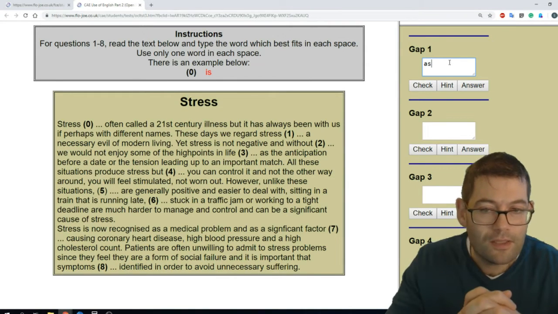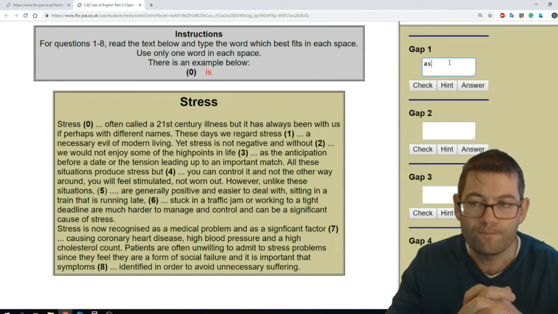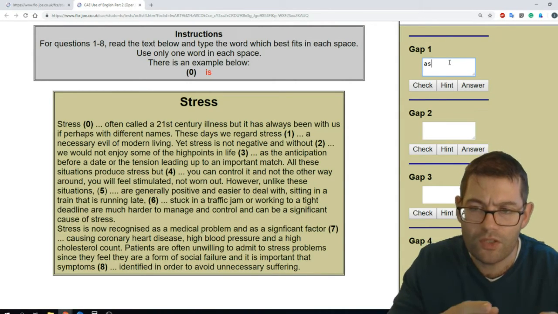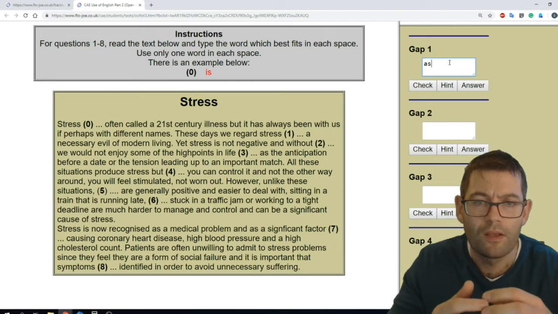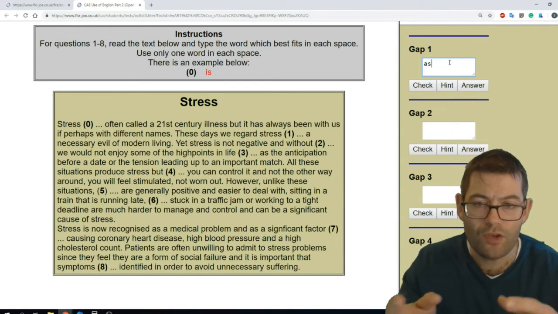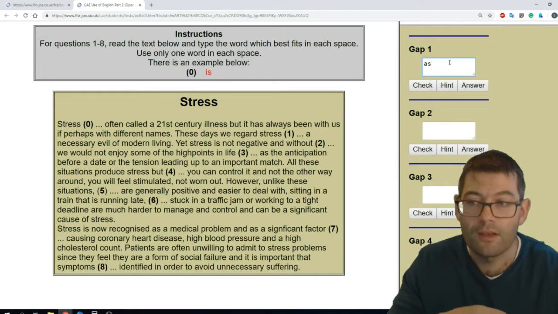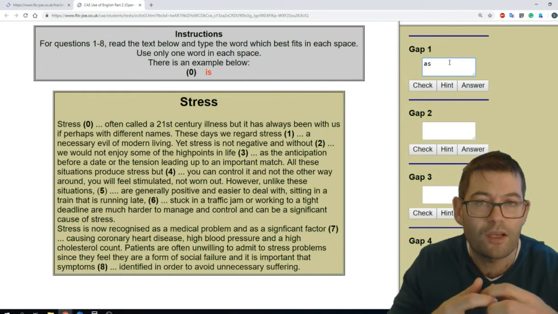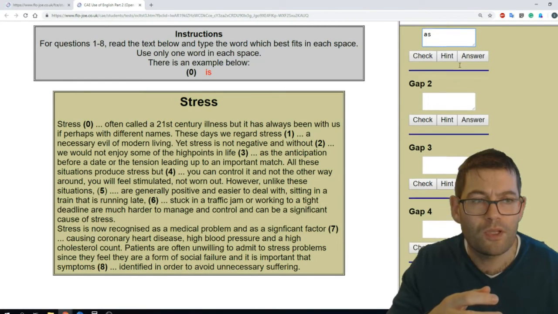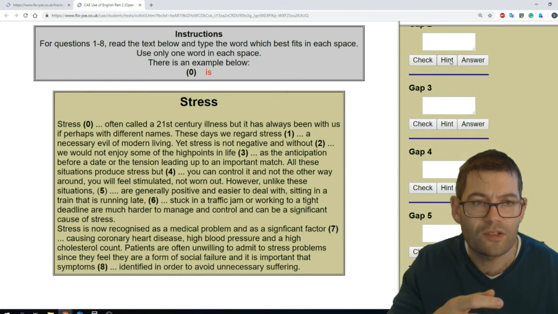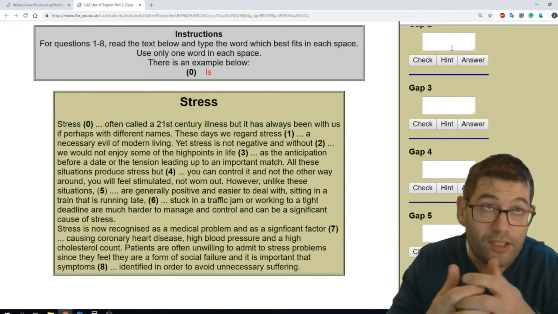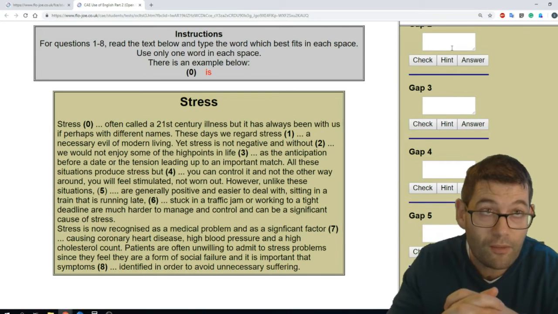Yet stress is not negative, and without what? Without what we would not enjoy some of the high points in life. Without stress, surely. But we can't say stress, because what we're looking for here is functions of language. Although it would be interesting to know if you wrote down stress, whether it would be marked correctly or incorrectly.